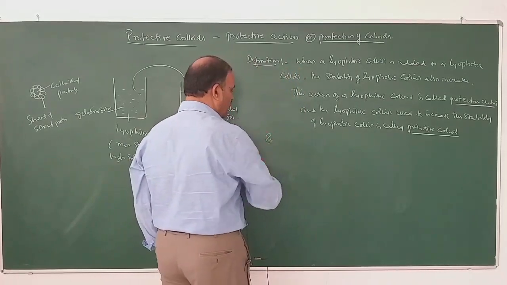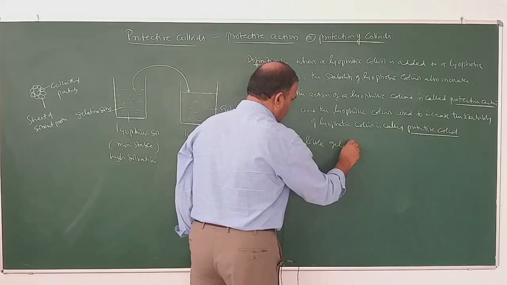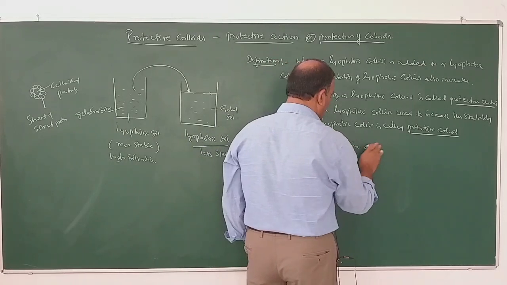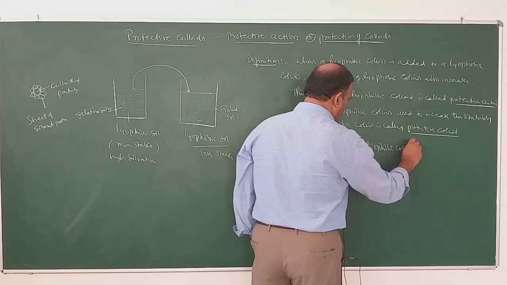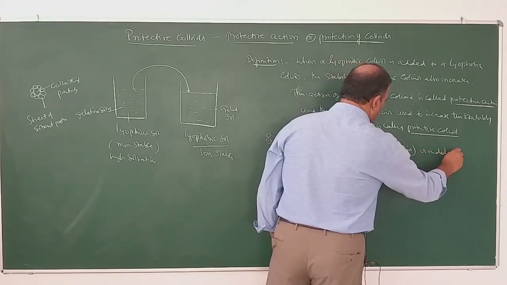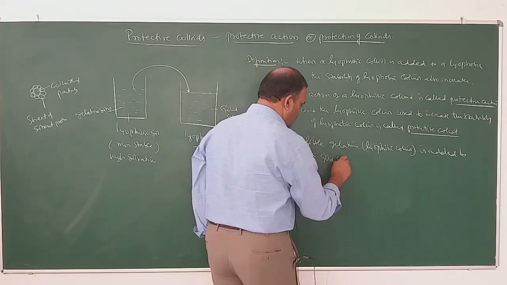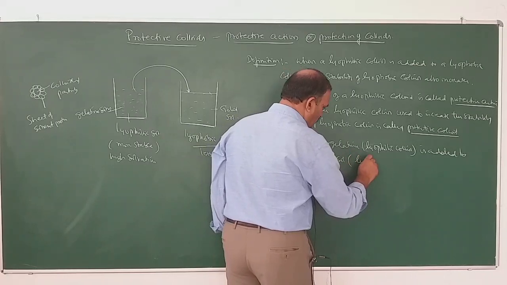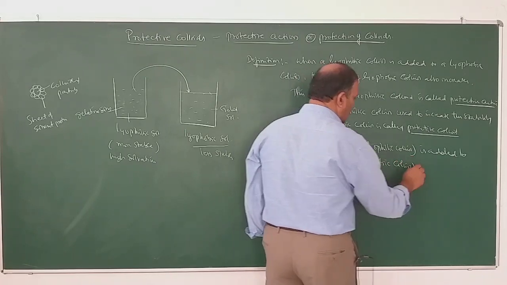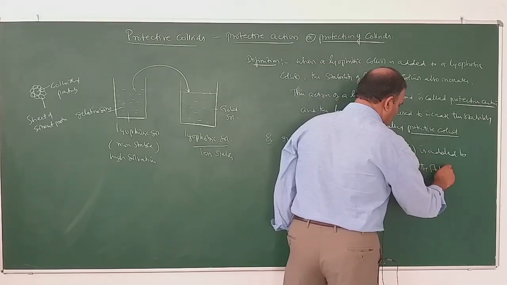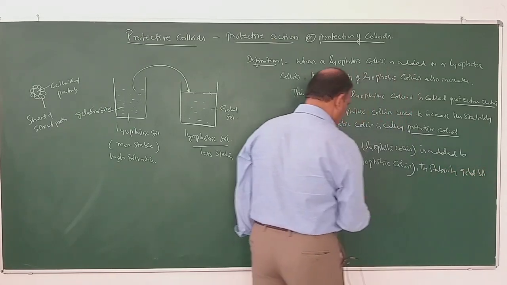For example, if a little gelatin, which is a lyophilic colloid, is added to a gold sol, which is a lyophobic colloid, the stability of the gold sol increases.